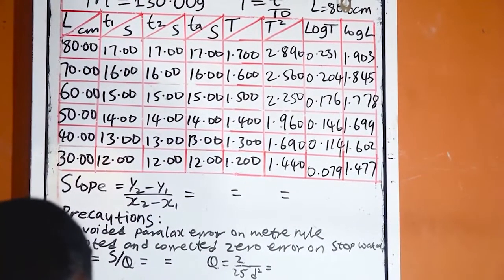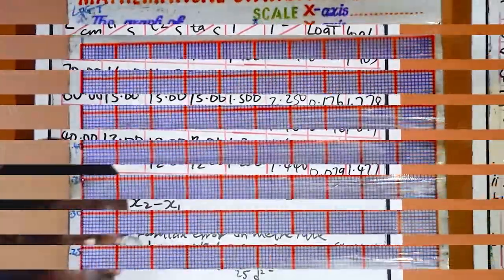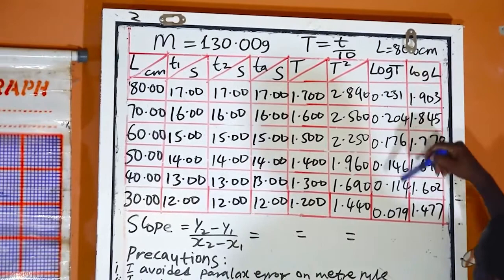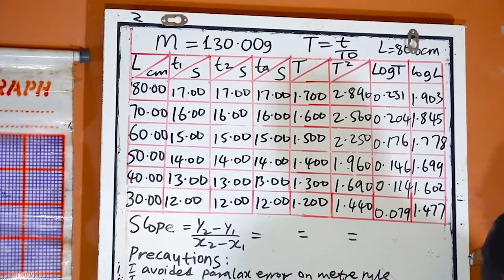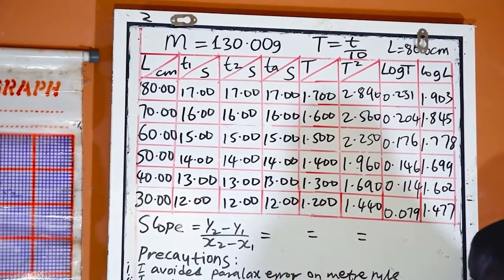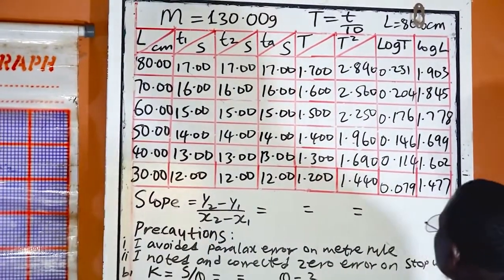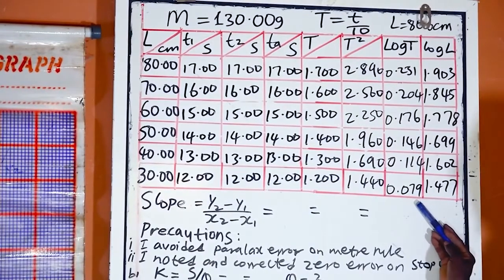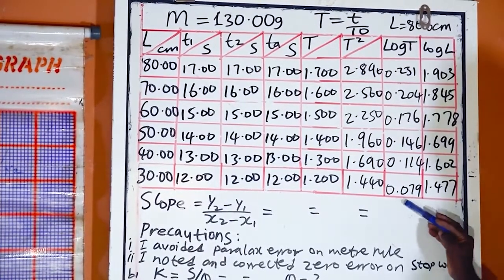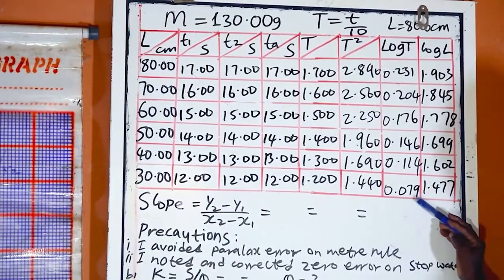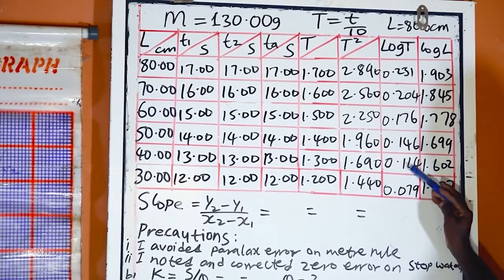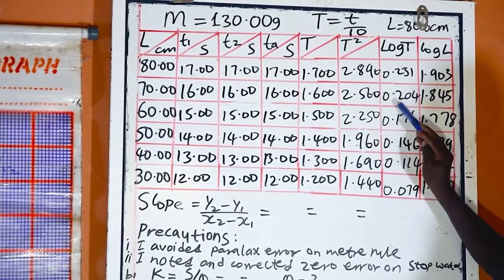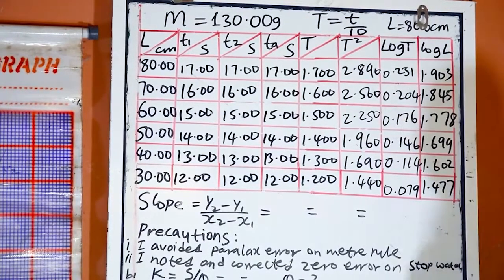Now, let us plot the graph. We are directed to plot log of T on the vertical axis against log of L on the horizontal axis. The minimum value of log of T is 0.079. We are going to plot to 2 decimal places. This will be 0.08, 0.11, 0.15, 0.18, 0.20, 0.23.